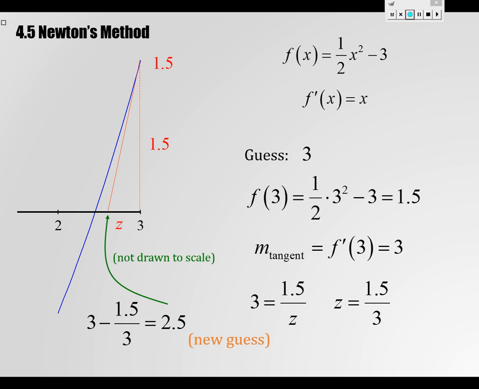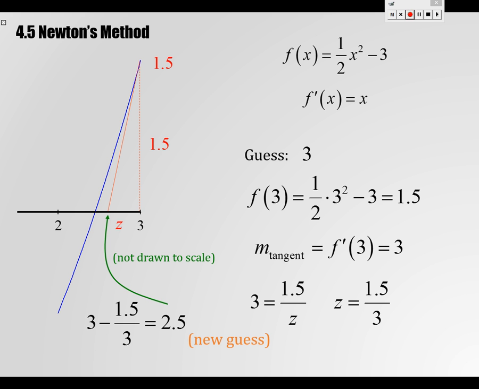It's still not the 0 of this function. What does it make you want to do? Well, maybe it makes us want to run this process again with a better guess, right? So 2.5 is right now our best guess. We started with 3, but by using this linearization along here, we found a better guess for the 0.